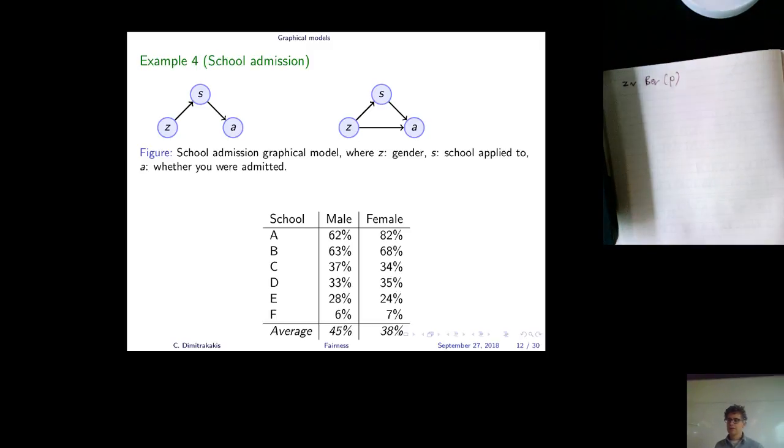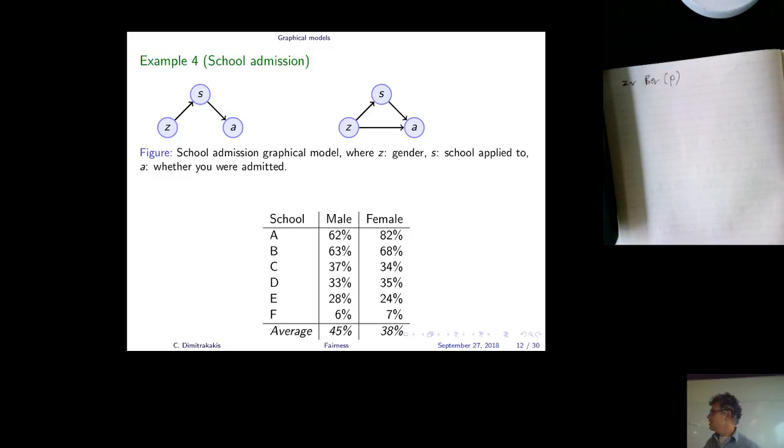Okay, let's call it C. Now, what S is? S depends on Z in some way. So, what do we mean by that? For every value of Z, S must have a different distribution. There are 2 values of Z, 0 or 1.